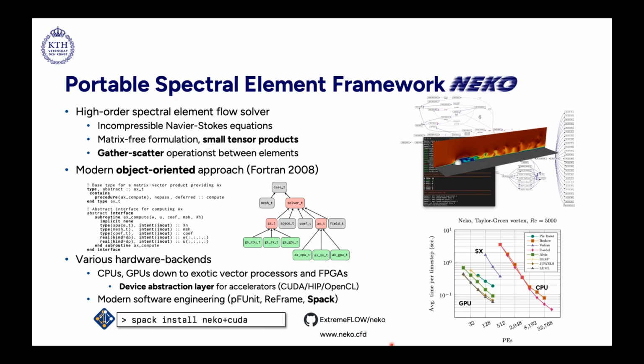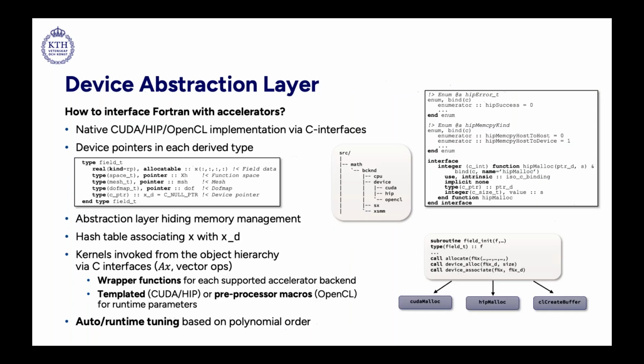So let's dive into a bit more technical details here. So the device abstraction layer I mentioned, we did some tests using directives. We realized fairly quickly that this will not give the performance that we were after. So we realized that we need to kind of replicate what we need from the accelerator APIs.